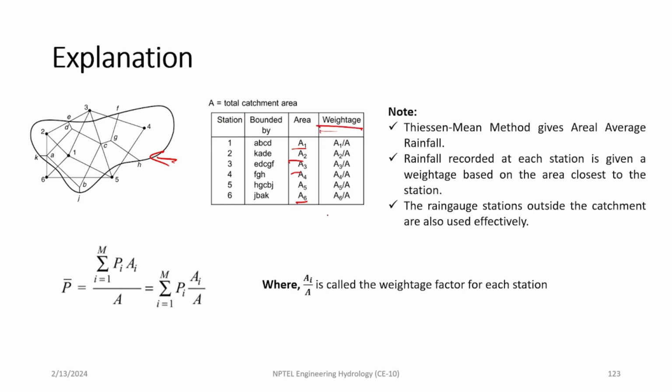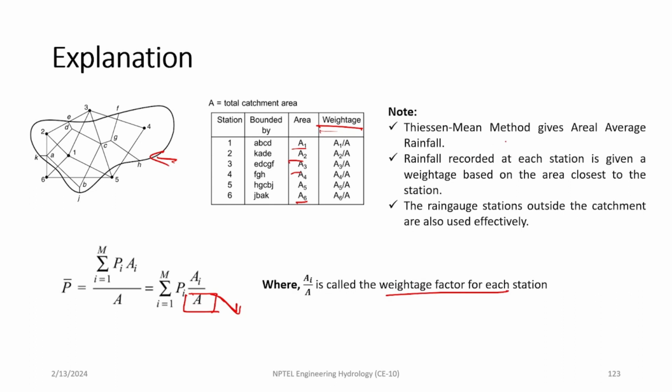How have they computed this weightage? They compute it by taking the area of influence of a desired rain gauge to the total area. This is the total area. Got it? And this is what they call the weighing factor.